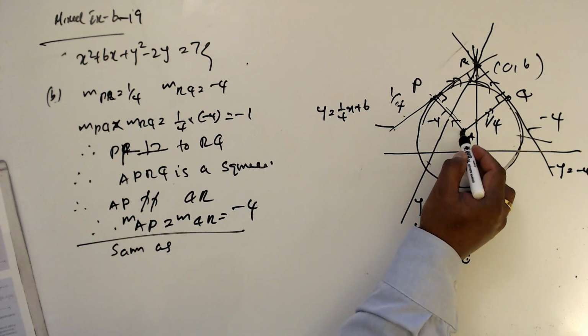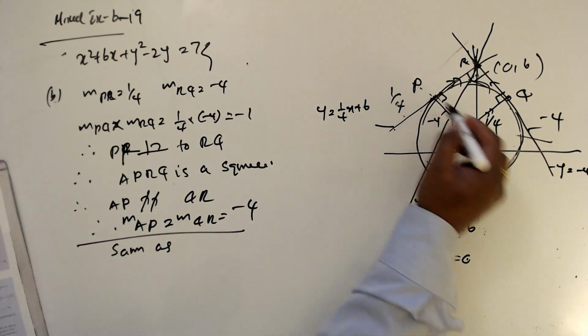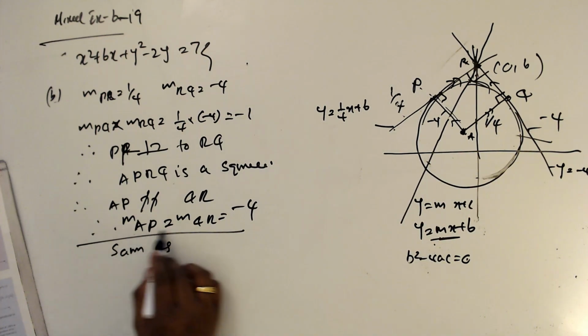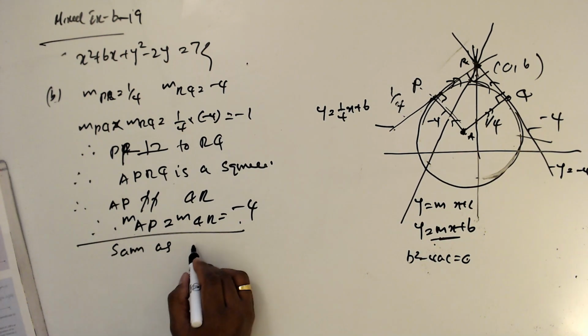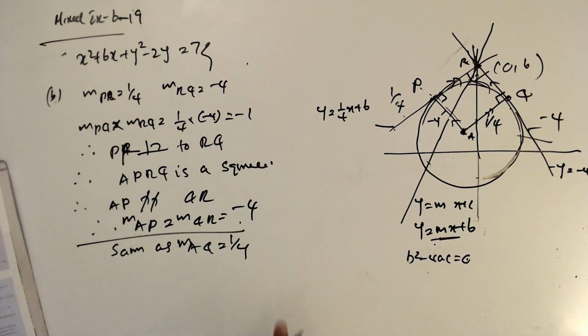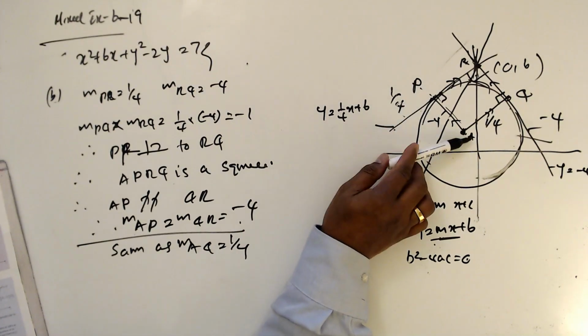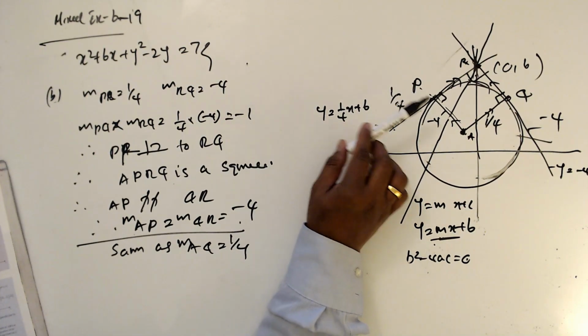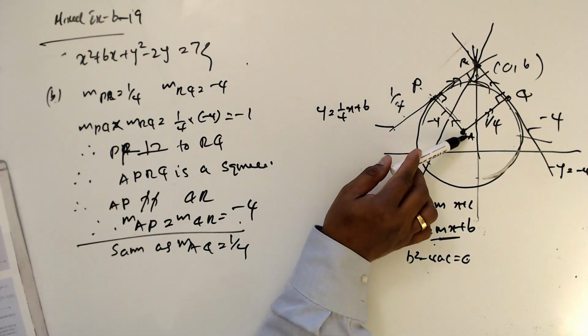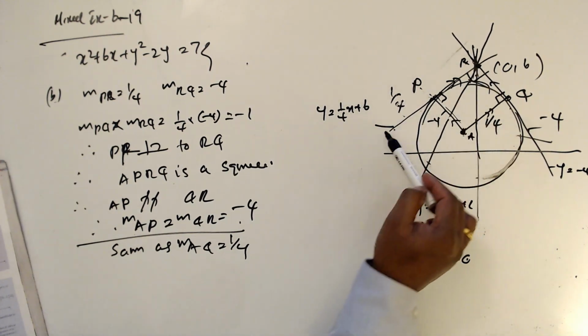Now I need to find this point. So I know this gradient, PA gradient, AP gradient minus 4, same as AQ gradient is 1 over 4. So my plan is to solve the equation of this line and the equation of this line.